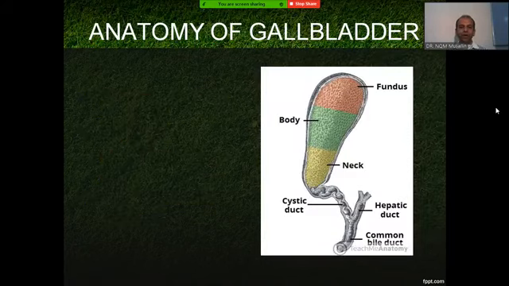Now, how can we make different parts of the gallbladder? We can divide the gallbladder into fundus, body, and neck, and the neck finally ends in a small part that is called infundibulum. You know, the fundus is the white part of the gallbladder, and this has less blood supply.